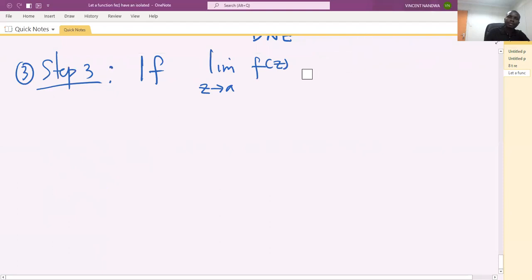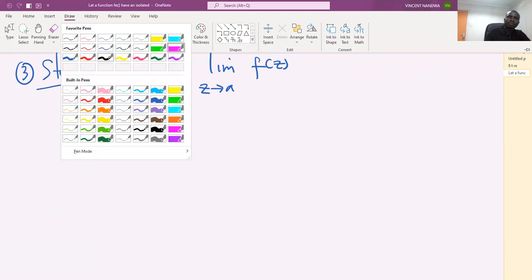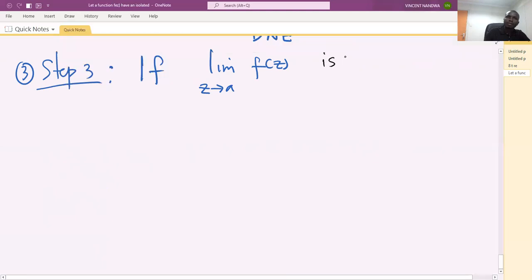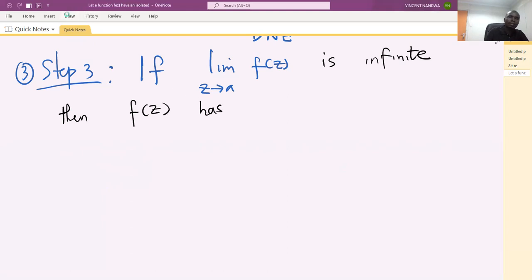If this limit of the function is infinite, then the function f of z has a pole at z equals to a.